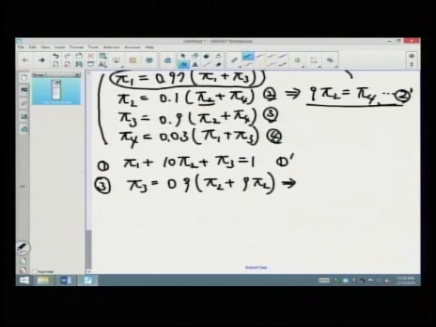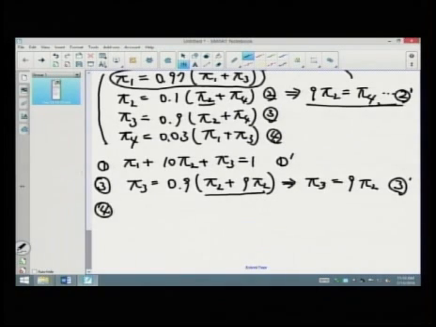So what do we have here? This part is 10 pi 2, right? 10 pi 2 times 0.9 would be 9 pi 2, right? So we have pi 3 equals 9 pi 2. So let's say this is 3 prime.